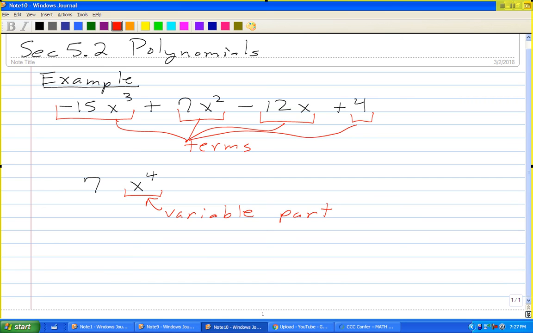This variable part consists of some variable base, so you have a base that is some variable.